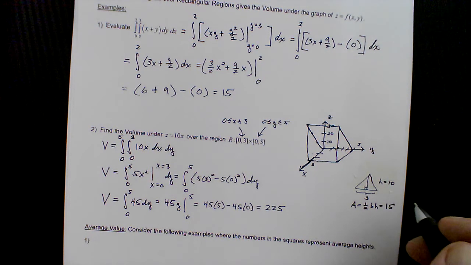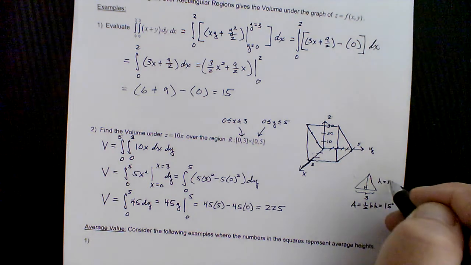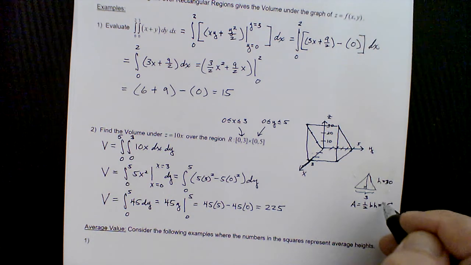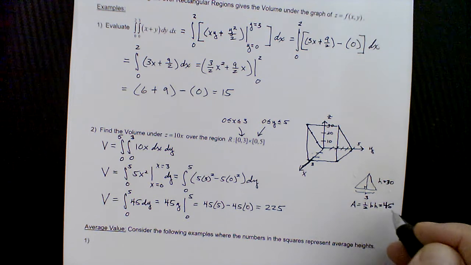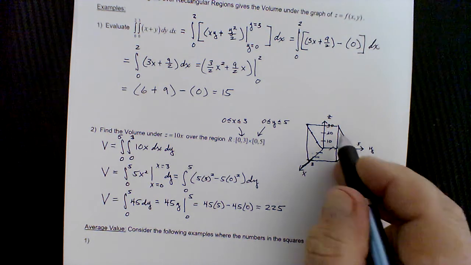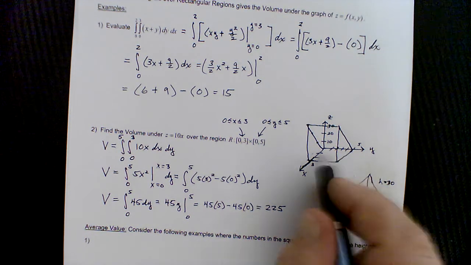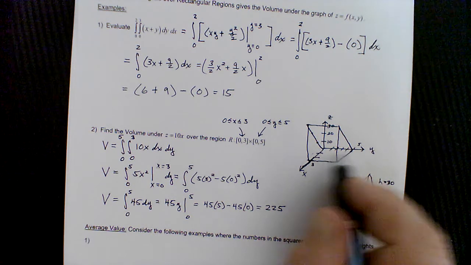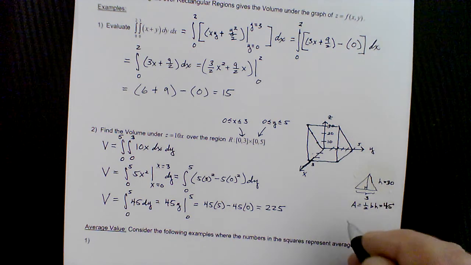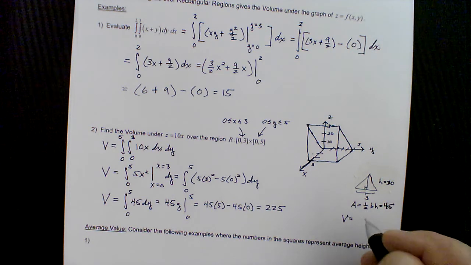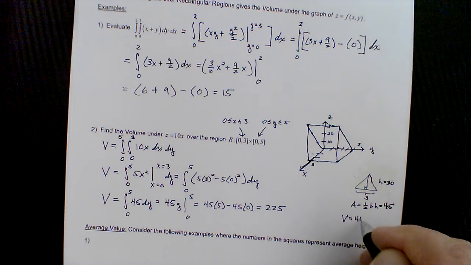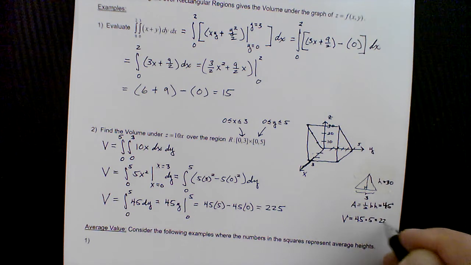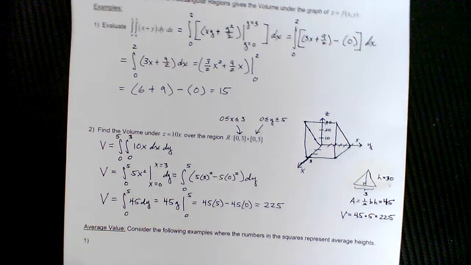And then, I'm sorry, the height was 30. So that's 1/2 of 90, or 45. And then that 45, the triangular portion, is translated through a distance in the y direction of 5 units. So the volume is the area of the triangle, 45, times the change in y, which is 5, which is 225.